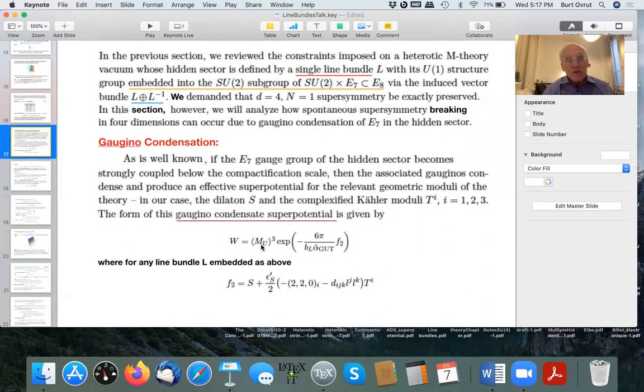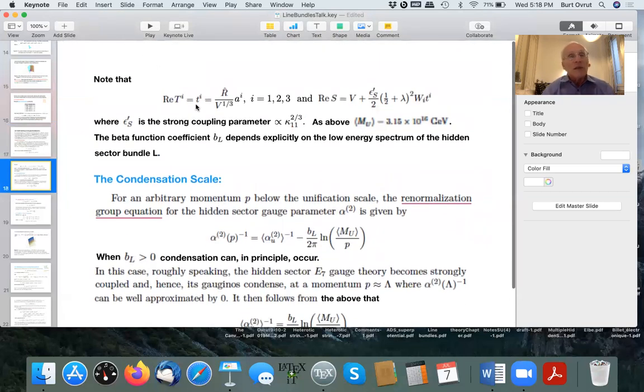Note it depends on the unification scale, but also on b of L, which is a coefficient of the renormalization group equation for the E7 coefficient, which we'll discuss in a minute. This alpha GUT hat is this constant that we can compute if we pick a point in Kähler moduli space. F2 is given by this expression, but I won't use it here.